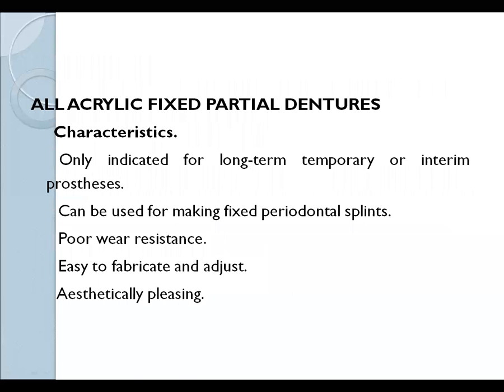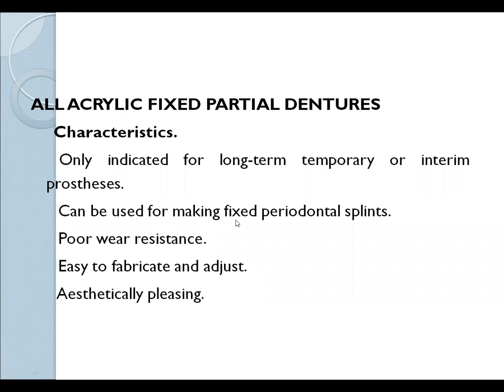Then the next type is all acrylic fixed partial dentures. These are only indicated for long-term temporary or interim prosthesis. This type of fixed partial denture is mainly given for temporary purposes. It can be given as a long-term temporary or interim prosthesis.